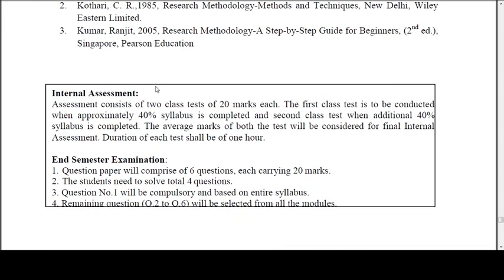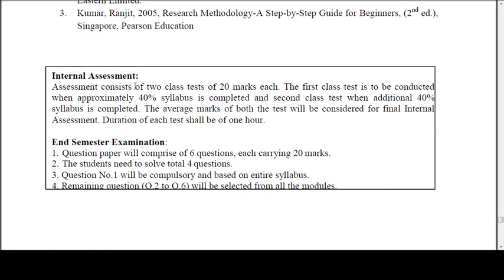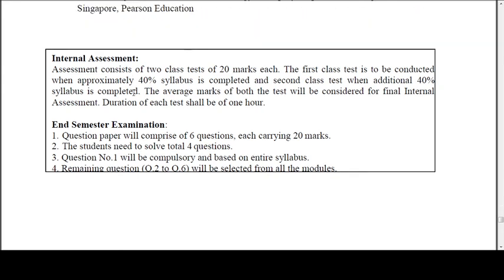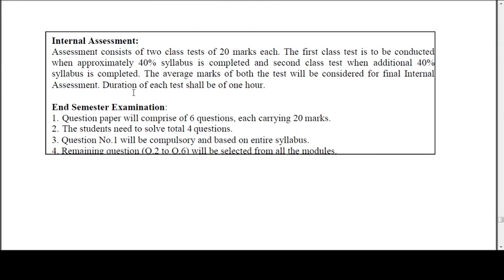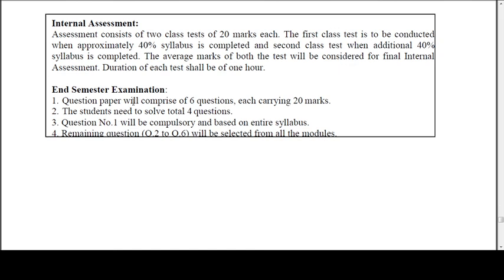Then we already explained the marking scheme in the examination. There are 2 internal assessment class tests. The first class test is conducted when approximately 40% of the syllabus is completed, and for the second class test an additional 14% of the syllabus is completed, and the average marks of both tests will be considered the final internal assessment. The duration of each test is 1 hour. For the end of semester examination, the question paper comprises 6 questions, each carrying 20 marks.